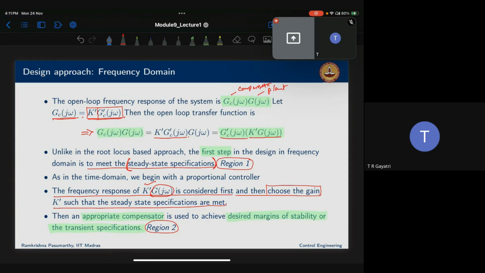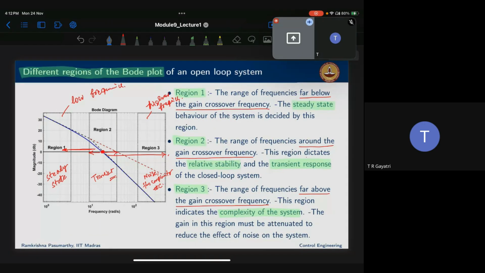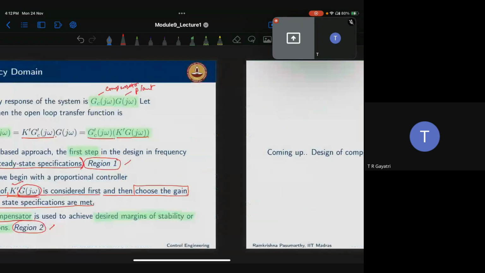So that is how we will go for the design. This entire Gc of j omega represents the compensator, with which we later design the transient specifications. Mostly our concentration is on region 1 and region 2. You don't put concentration on noise attenuation, etc., which belong to the higher frequencies. So this is the idea.